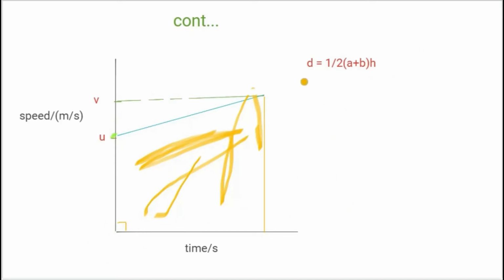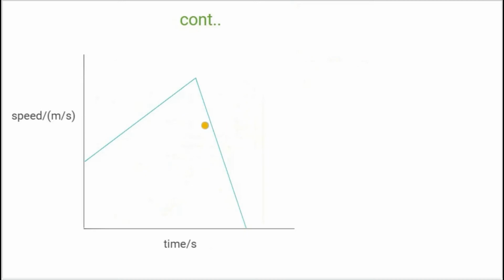Now we go into a situation like this. The speed constantly increased till one point, then it went down again till being 0. If we are to find distance in this kind of situation, it is a composite shape. So what we do is break it down into two or more shapes that we know and that are easy for us.